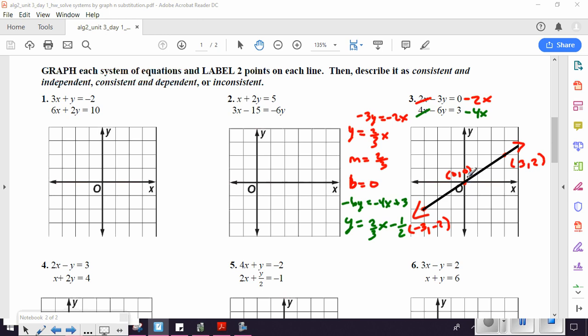So our y-intercept is at negative half, so that's about here. And you rise up 2, so there's 1, there's 2 halves, and over 3, so about here.